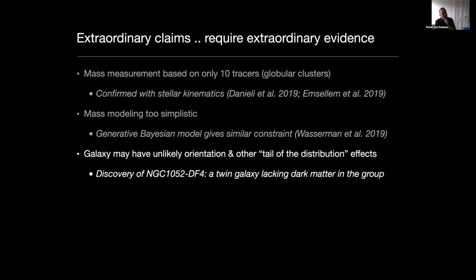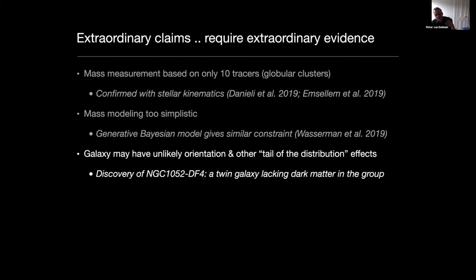Then there were a lot of explanations that just said, there's something unusual about the orbit of this galaxy, about the orientation. Maybe it's a face-on disk, right? That would explain the very low velocity dispersion. It's exactly face-on, and all those globular clusters rotate in a disk. You might miss that. Or there might have been a really weird orbit, somehow, and you're looking at it from a particular viewing angle.